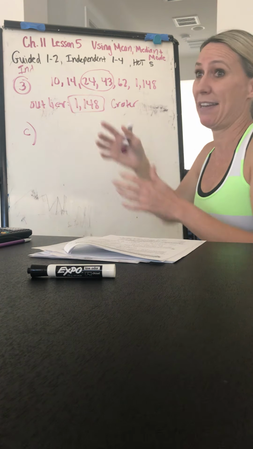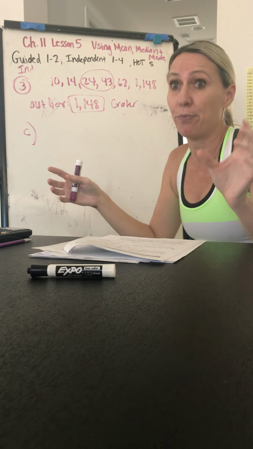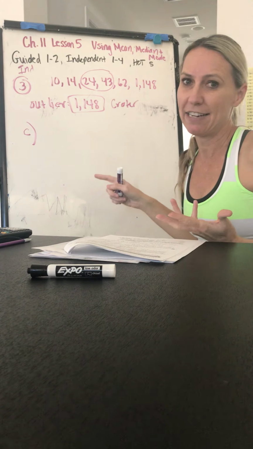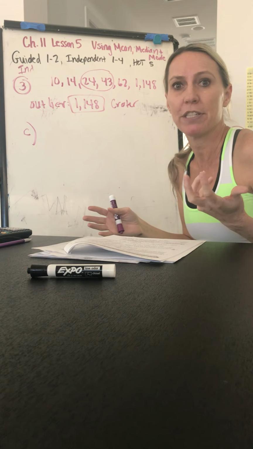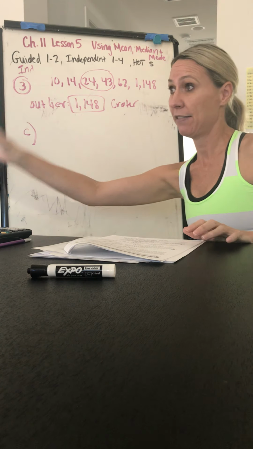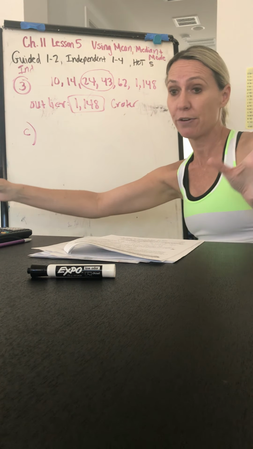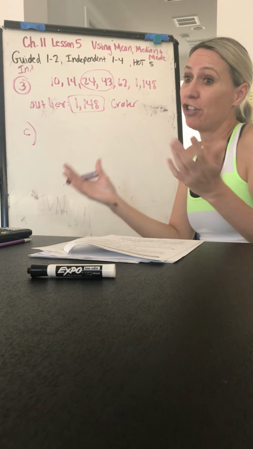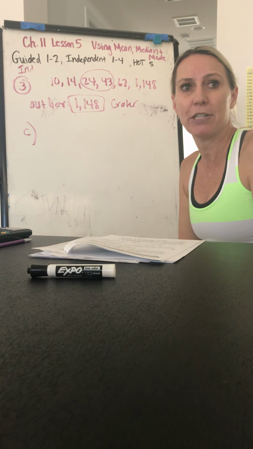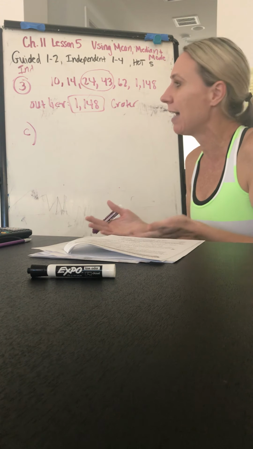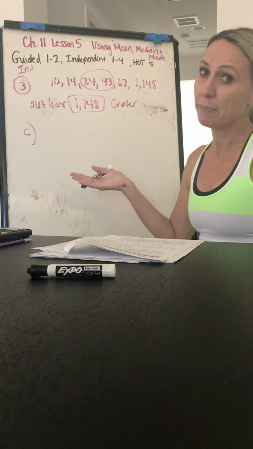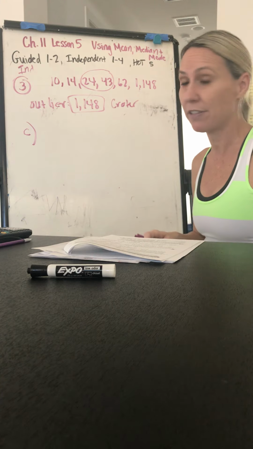Now, if there's only like 6 numbers and 3 of them are 1,148, then that's not an outlier anymore if half of the data is really big or really small. So you can still have 3 that are really small and 3 that are really big. And then you just have to look at it and go, okay, what's the best measurement for that data? So you have to look at each data set individually and decide, what's the best way to describe this, the mean, median, or mode? And that can change. So that's a good question.